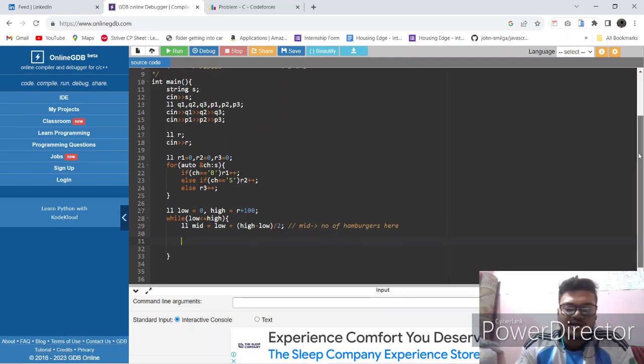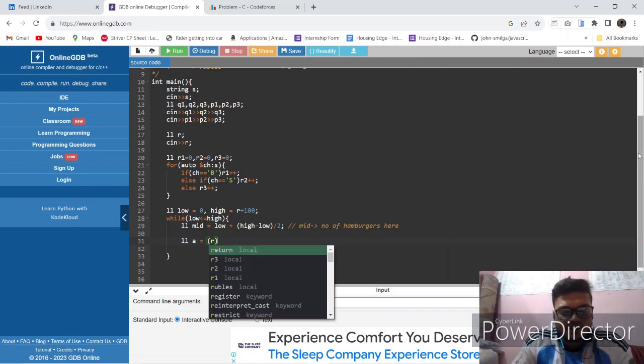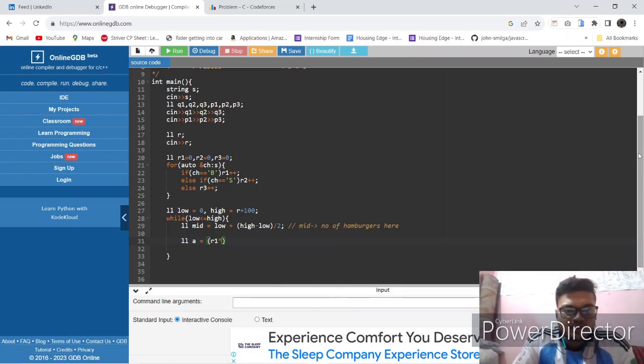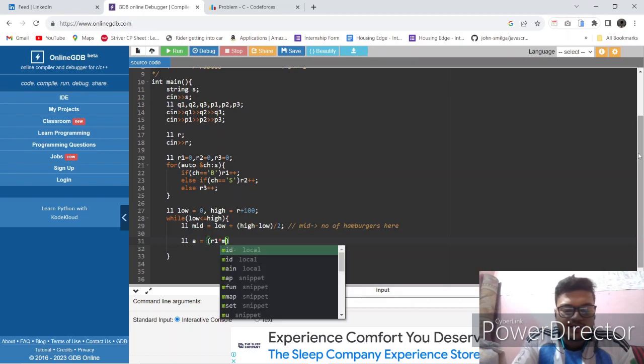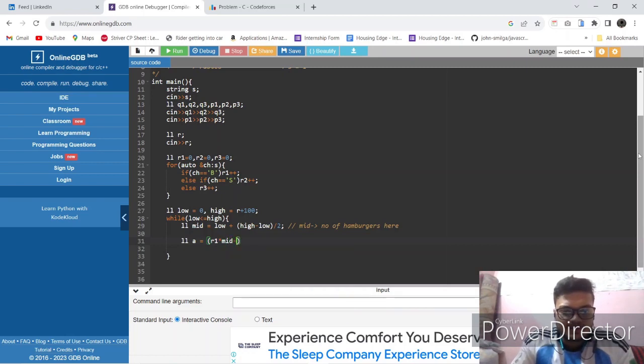So for that, we will take A equals to the ratio that was in the string, means in S. So it will be R1 into mid minus the quantity that we have.